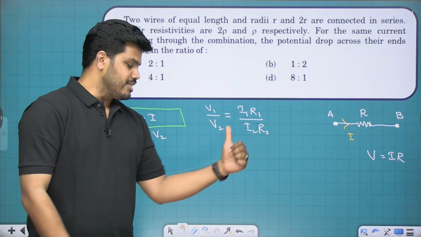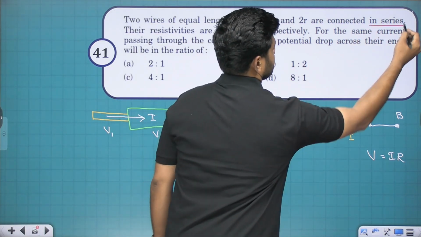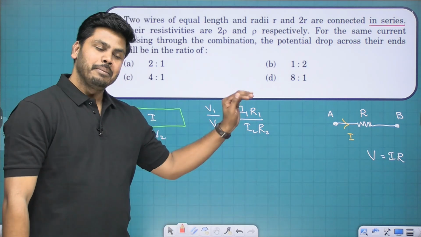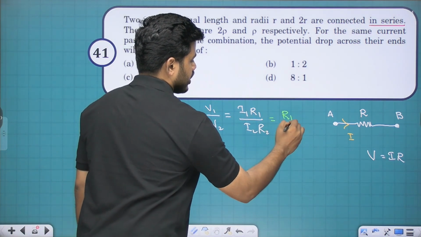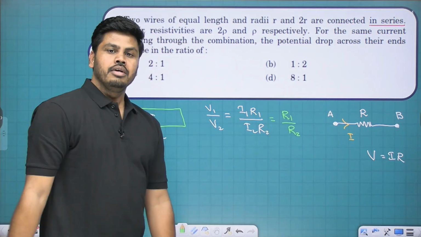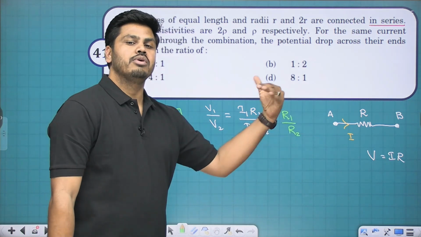Since they are connected in series, I1 and I2 are equal and get cancelled, so we get the ratio R1 by R2. So V1 by V2 is actually the ratio R1 by R2.